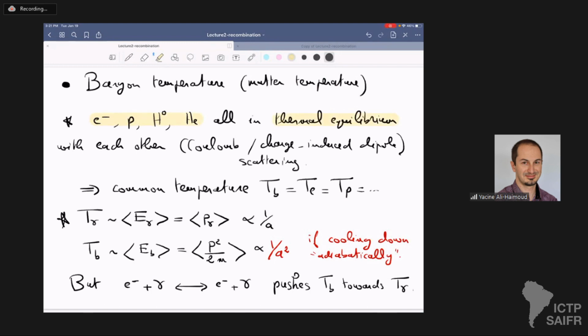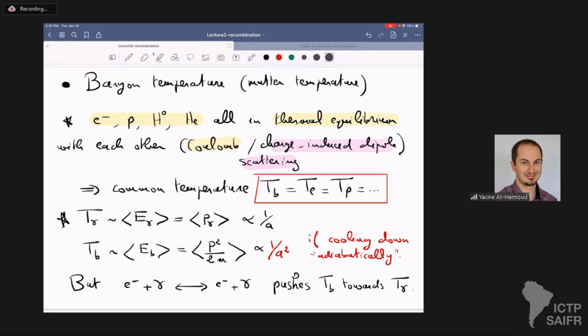This is because electrons and protons have charges, so they scatter with one another through Coulomb scattering, and then charges can scatter off of neutral atoms through charge-induced dipole scattering, and those have rates which are very, very large compared to the Hubble rate, and as a consequence, they are all in thermal equilibrium. So they all have the same temperature. So when I talk about the baryon temperature, I mean the same temperature for electrons, protons, helium, etc.